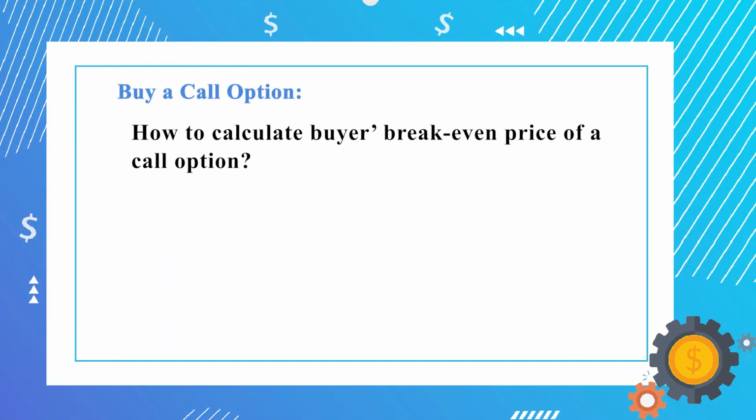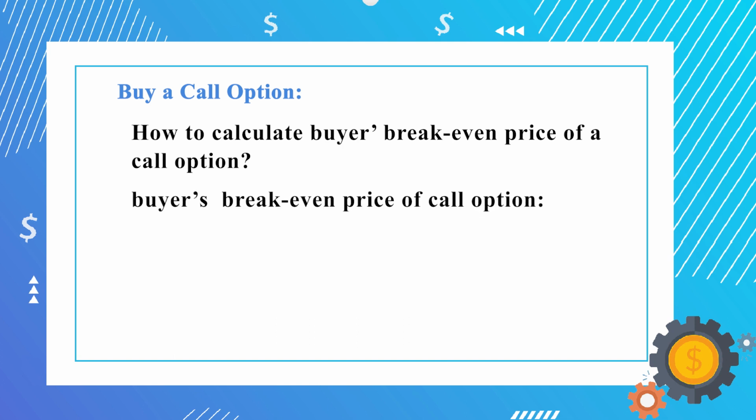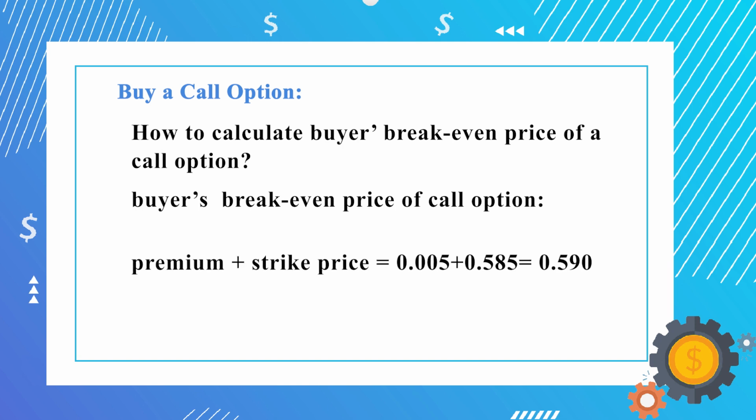Now a question. How to calculate the buyer's break-even price of a call option? Hans' break-even price can be calculated by combining the premium cost of $0.005 per Swiss franc with the cost of exercising the option, $0.585 per Swiss franc.